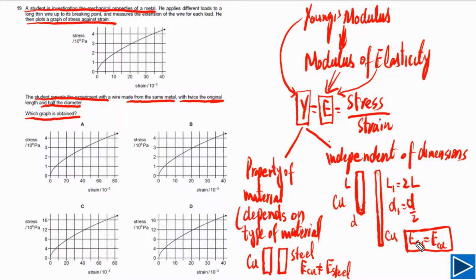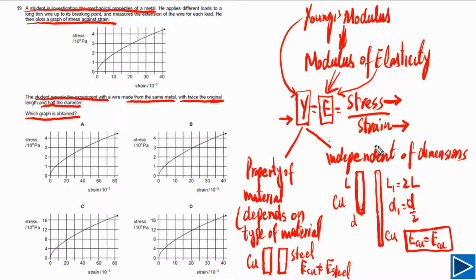If temperature is the same, Young's modulus is the same for a wire if the wire is made of the same material. So if Young's modulus is the same, we can also say that for the same stress there must be the same strain.